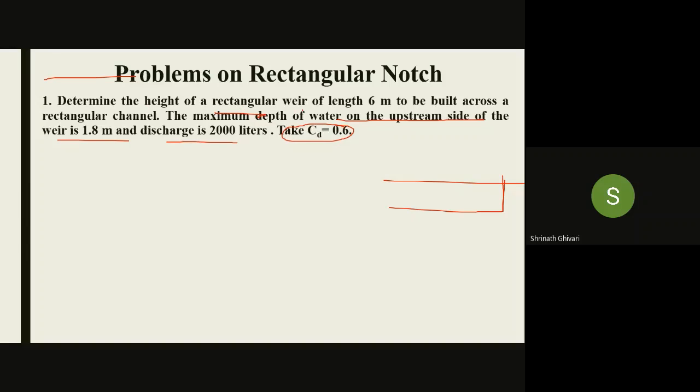Determine the height of a rectangular weir. Which height do you have to find out?